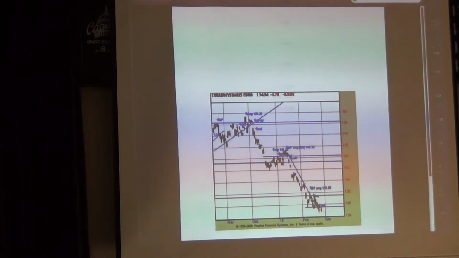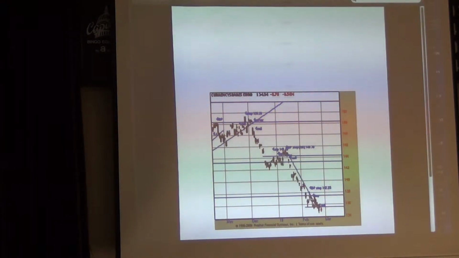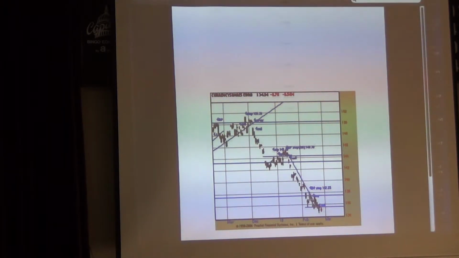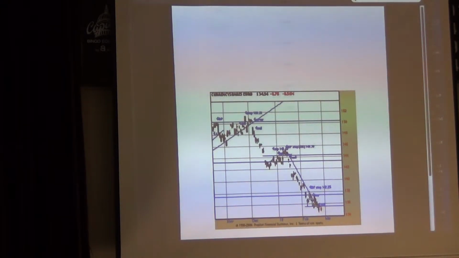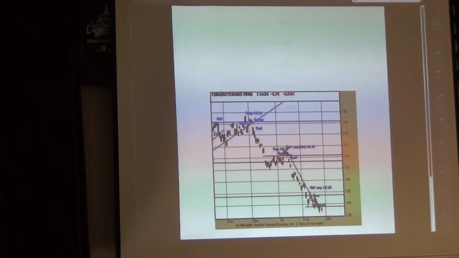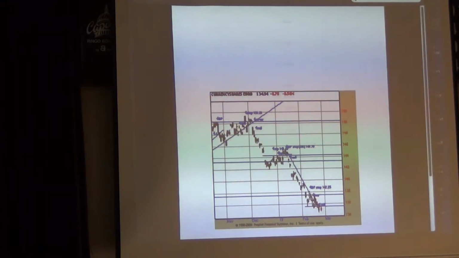Okay, you can see here's the flagpole, here's the flag, here's the continuation, and you can see that if you take that, whether you're trading options or you're trading the issue itself, you have radically improved the probabilities for your trade. Okay?